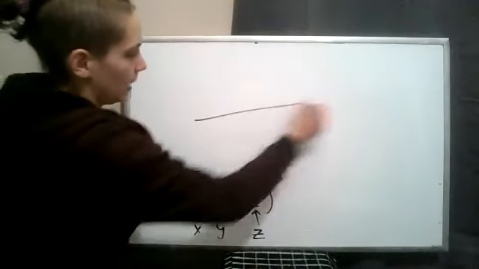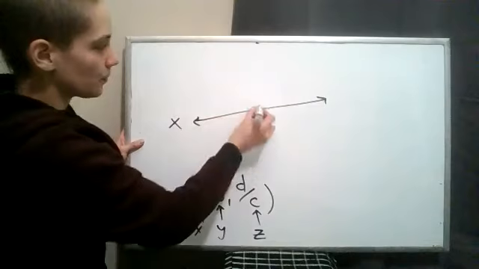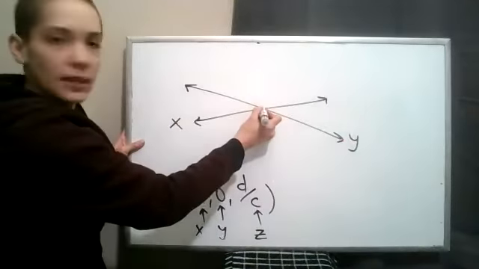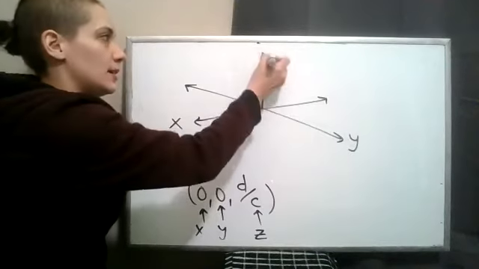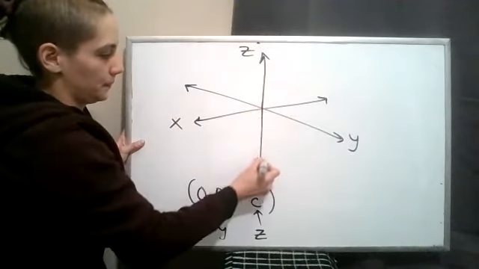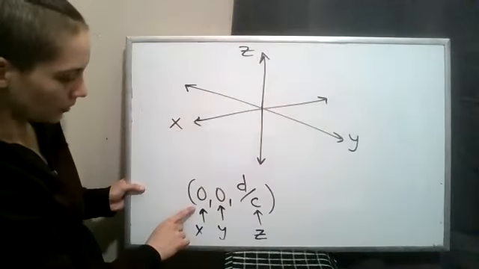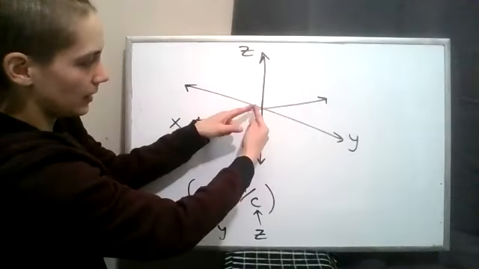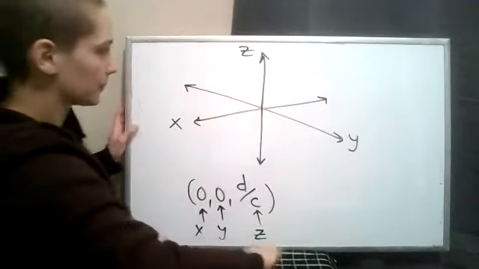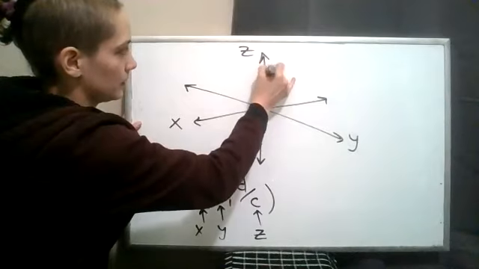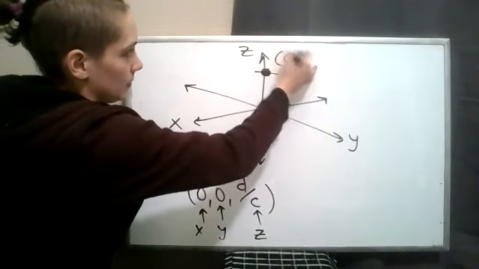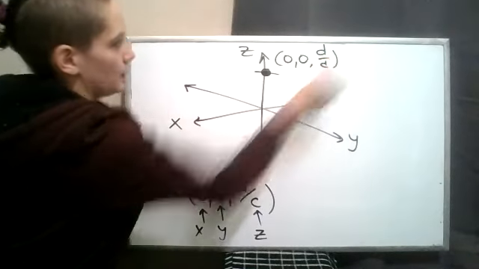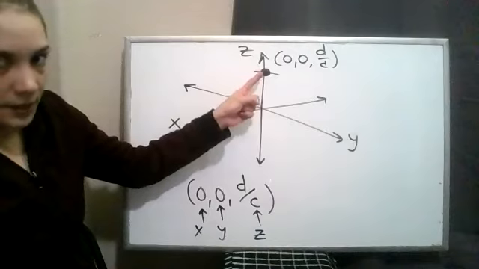Get your x-axis, y-axis. It helps to start here and then go up for z. And plot this point first. 0 for x, so here. 0 for y, there. Up, d over c. That's good. Okay, that's a z-intercept.